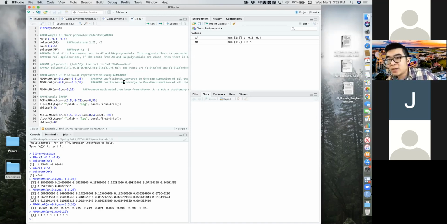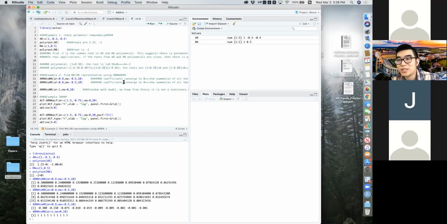Yeah, so to have a valid ARMA model is not easy. Once you estimate an ARMA model from your data, you have a lot to check. You have to check the coefficients. You have to check whether it's causal and invertible.